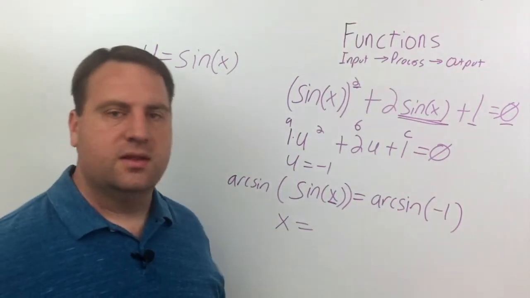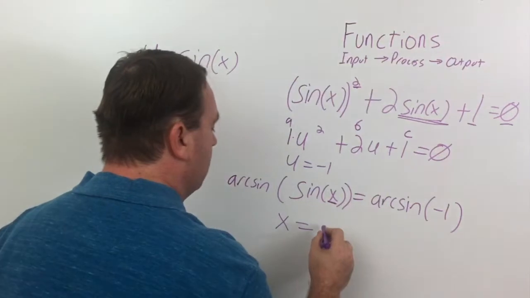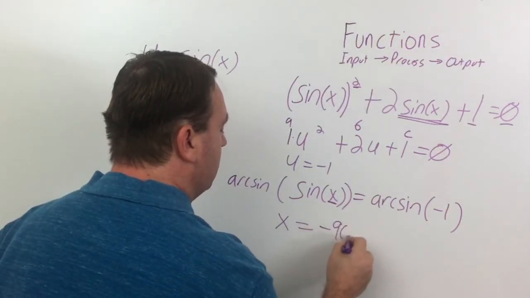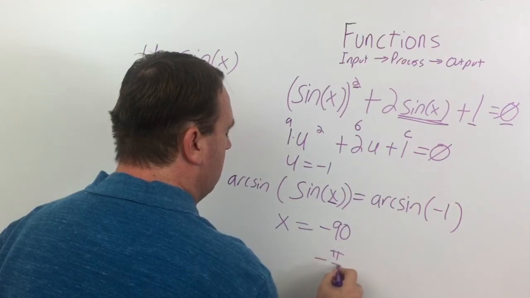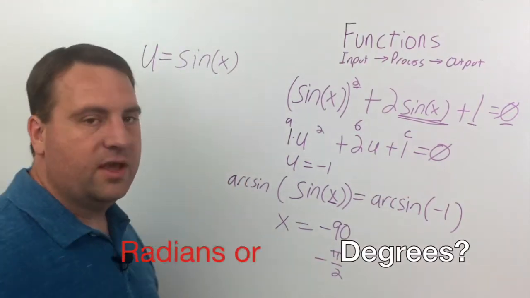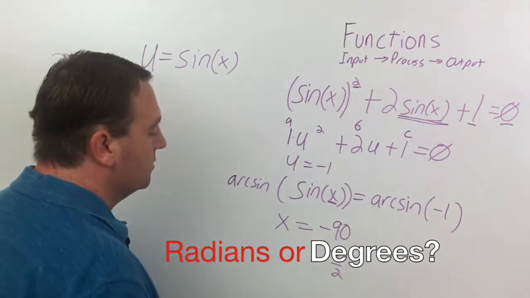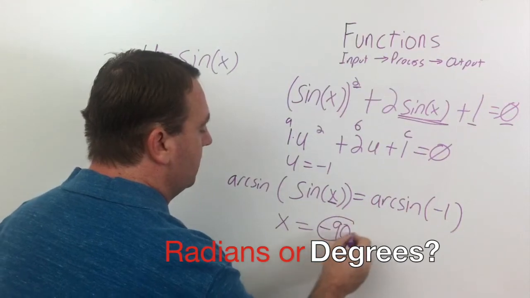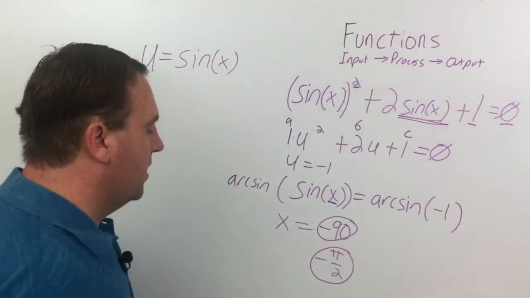Now it'll give you one of two answers. It'll either give you negative 90 or negative pi over 2. The reason for that is because your calculator may be in degree mode or radian mode. So this is the answer in degrees, and this is the answer in radians.